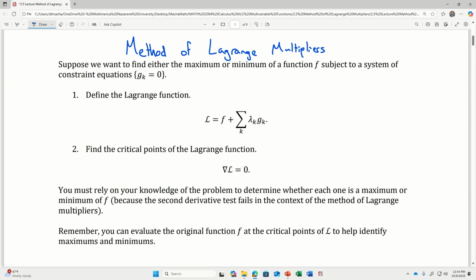Add all of those up. And the other thing here, that little lowercase lambda, is called a Lagrange multiplier.